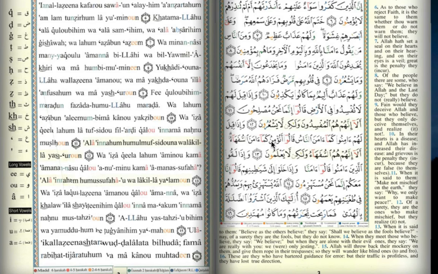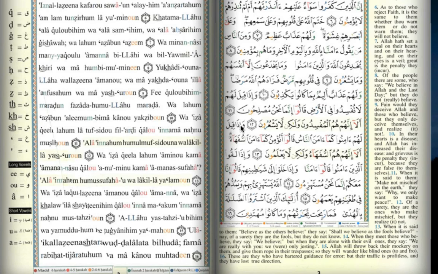So if you've got the Noon Sakina or Tanween, and you've got one of these 6 letters coming up, like hamza, ha, ain, ha, ghain, or kha, then it's going to cause an izhar, and you're going to pronounce the noon clearly.